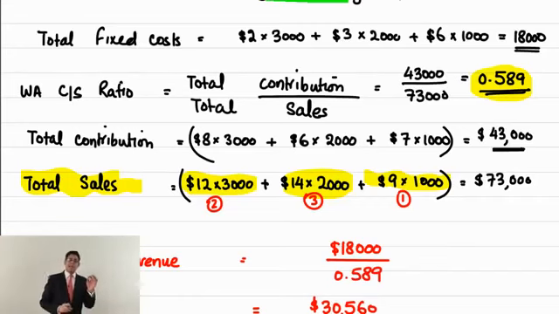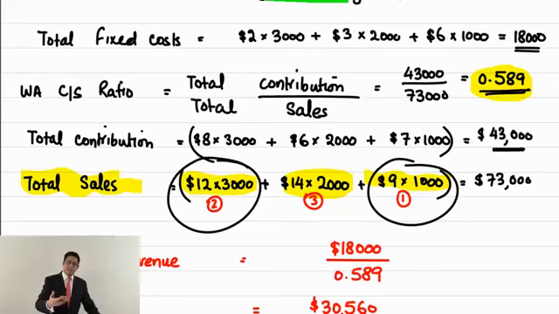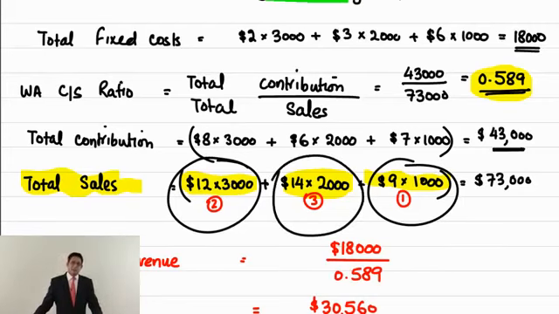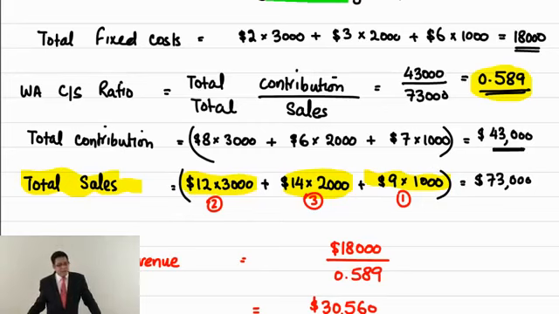We are not selling all products at the same time, we are selling product by product. The first revenue will come from here, then on top of this the second revenue from here, and right at the end the last revenue from the third product. So please remember these ideas.